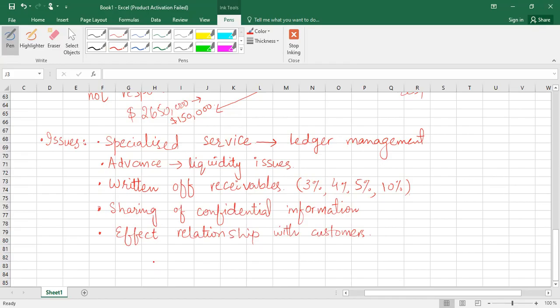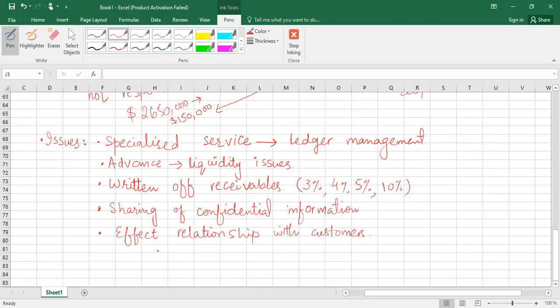If your credit customers create any delays or any problem for the factor company, they will use different alternatives to recover their cash, which can ultimately lead to different kinds of problems, and it can affect your relationship with the customer.